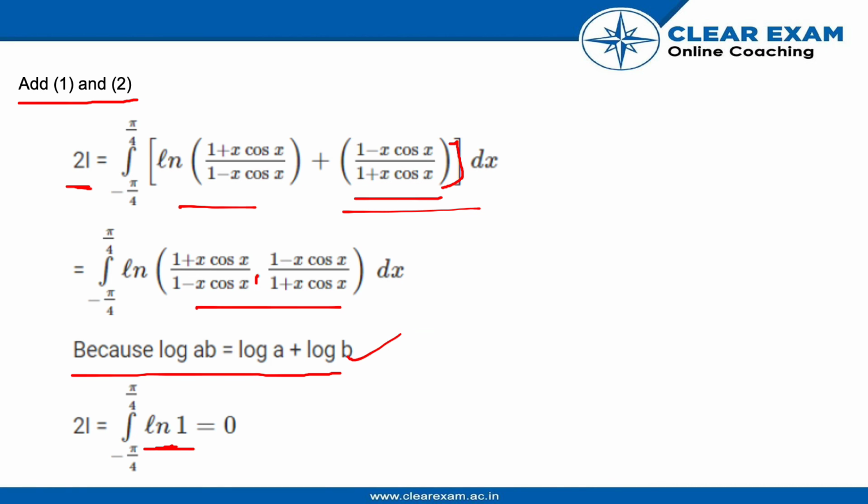After applying this property, this will be log of 1, because this cancels with this, and this cancels with this. So this will be 1. The answer will be log 1, and log 1 is 0.